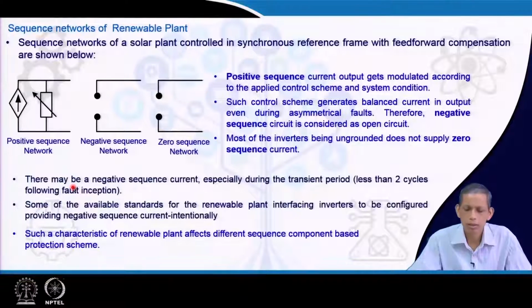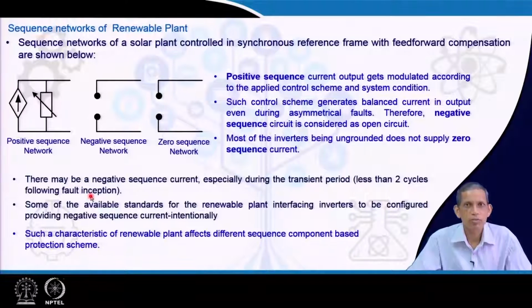But we have already mentioned earlier that in present inverters, the fault characterization says that for less than 2 cycles following the fault inception, the current can have a natural flow, and during that period only some negative sequence current may be available. But that does not ensure that afterwards the negative sequence current will be available.